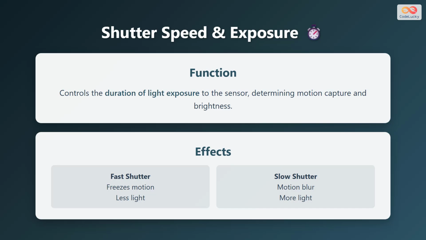On the other hand, a slow shutter speed, such as 1 second or longer, allows more light to reach the sensor, making it suitable for low-light conditions. The trade-off is that any movement during this longer exposure will appear as motion blur in the final image. Photographers balance shutter speed with aperture and sensor sensitivity to achieve the perfect exposure.